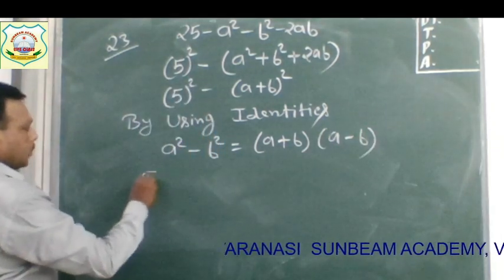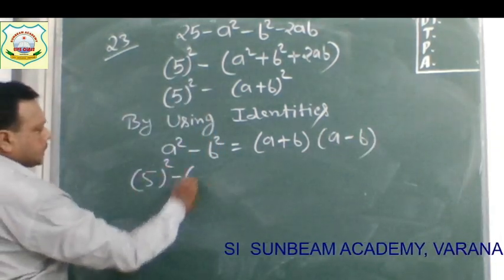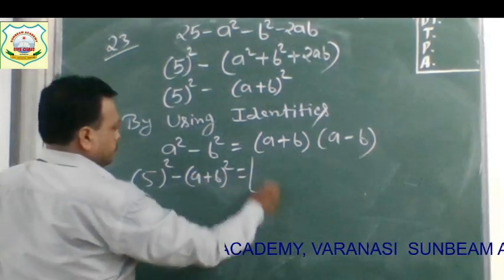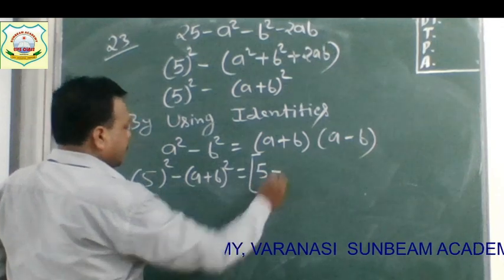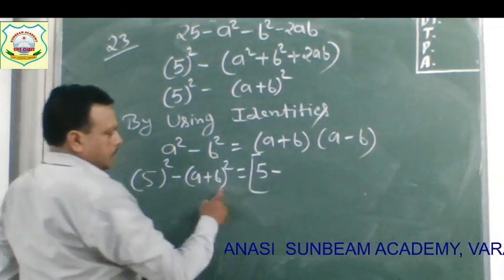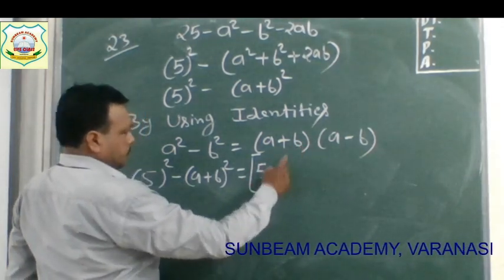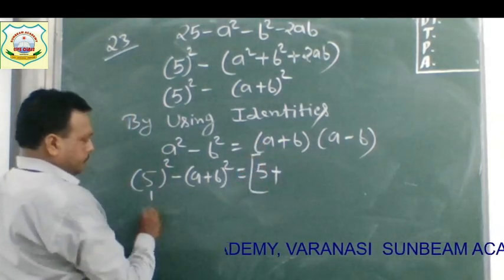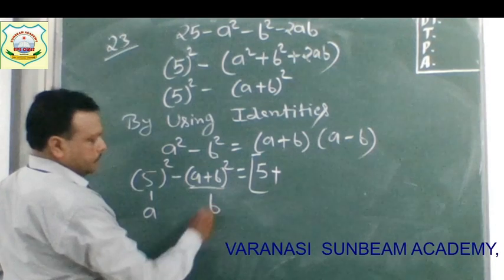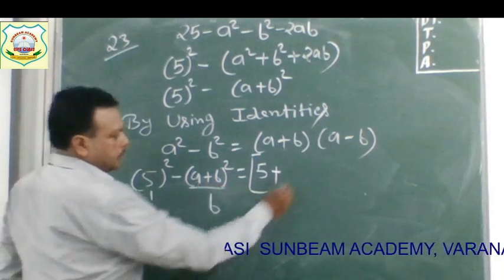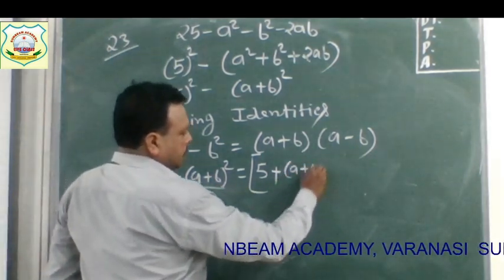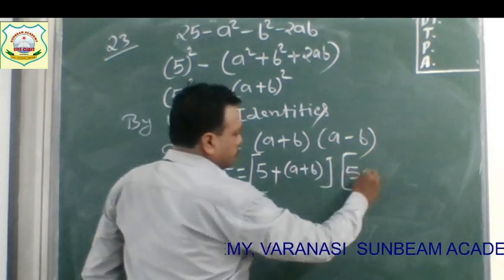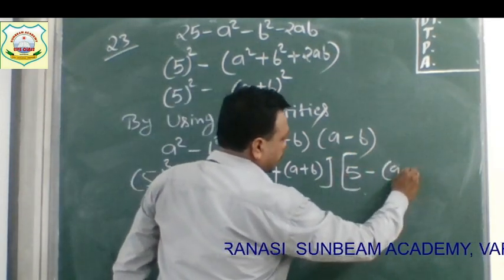So 5 square minus a plus b whole square equals 5, like a, the same we will write, plus, because the sign is plus. So a value is 5 and this one is b. So in place of b we will write a plus b. 5 plus a plus b. Similarly, a is 5 minus a plus b.